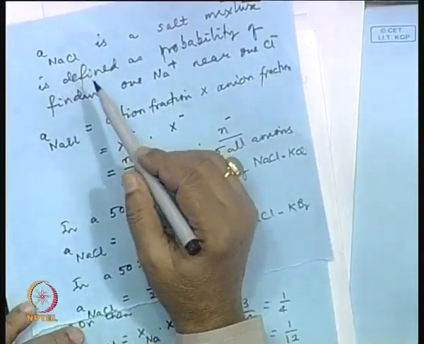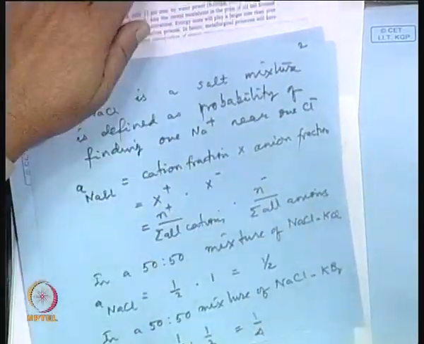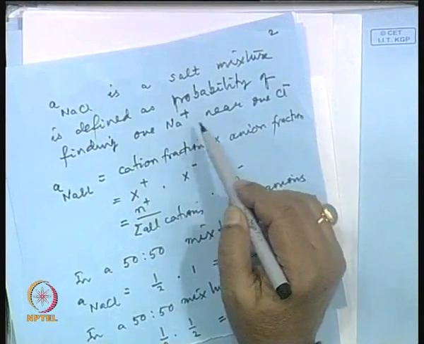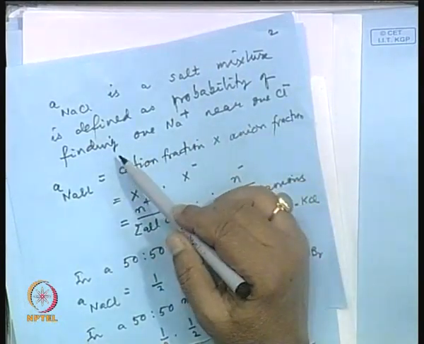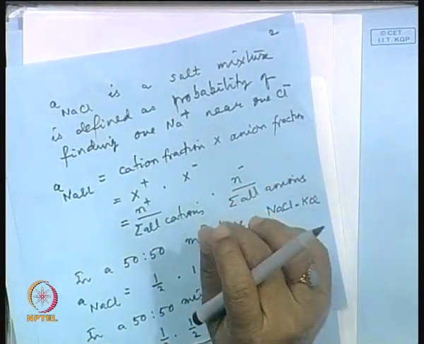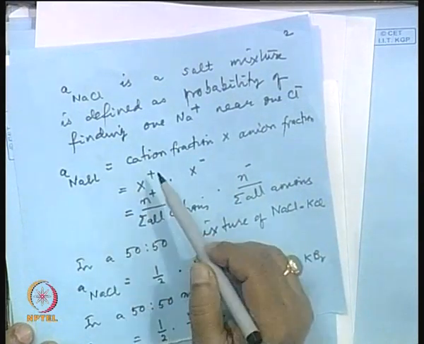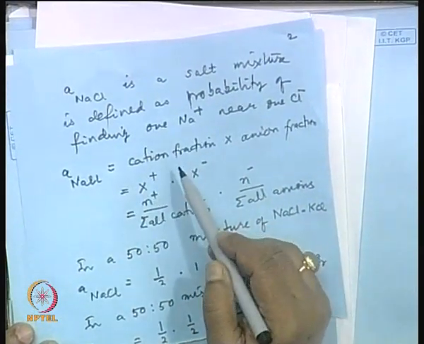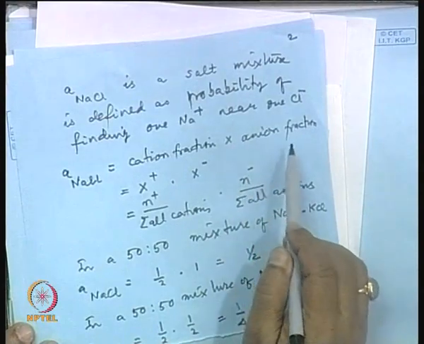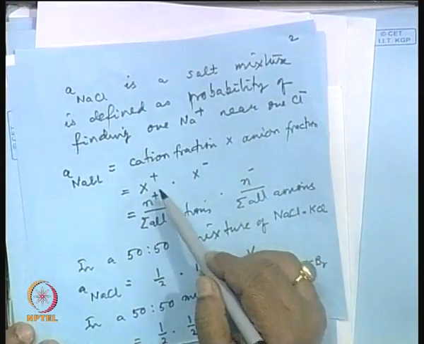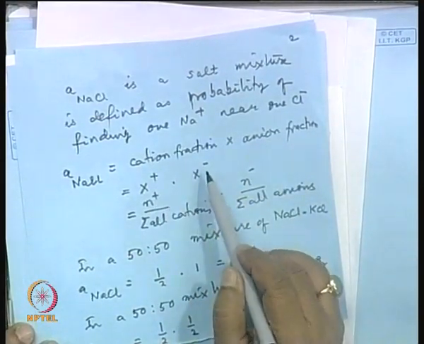Temkin model also says that the activity of sodium chloride in a fused mixture is defined as probability of finding one sodium ion and one chlorine ion together in the neighborhood, which means activity will be a product of the cation fraction and the anion fraction, x cation, x anion.